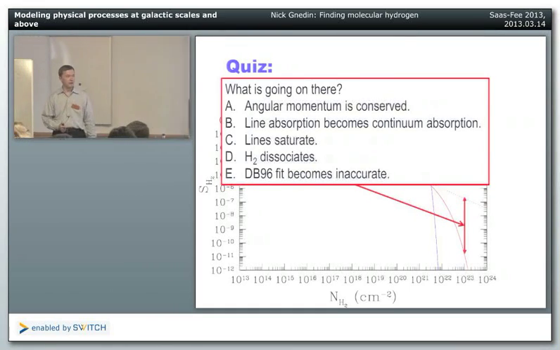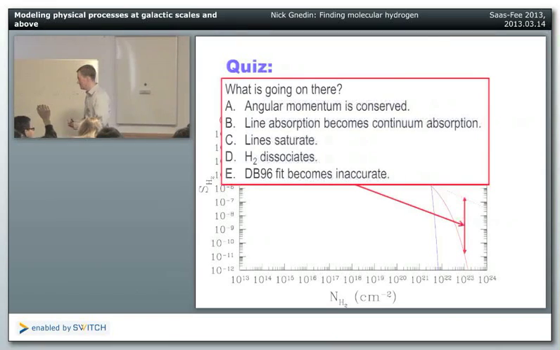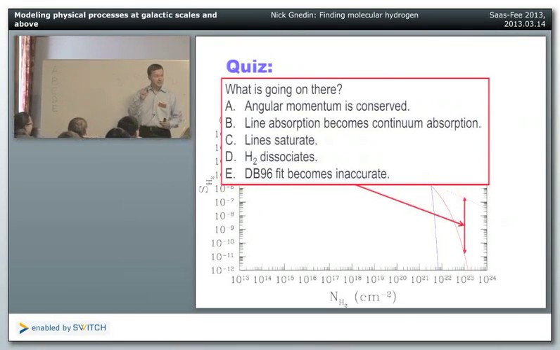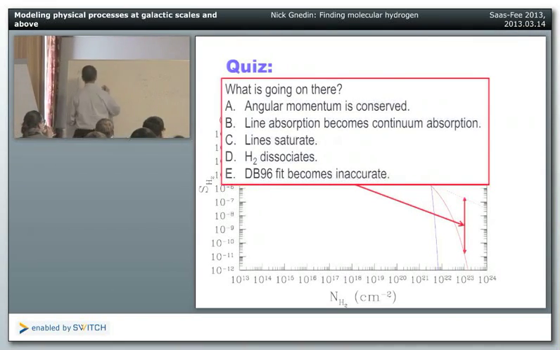Okay, who's for A? The good thing is that you know the right answer, right? It's just the right answer to a wrong question.